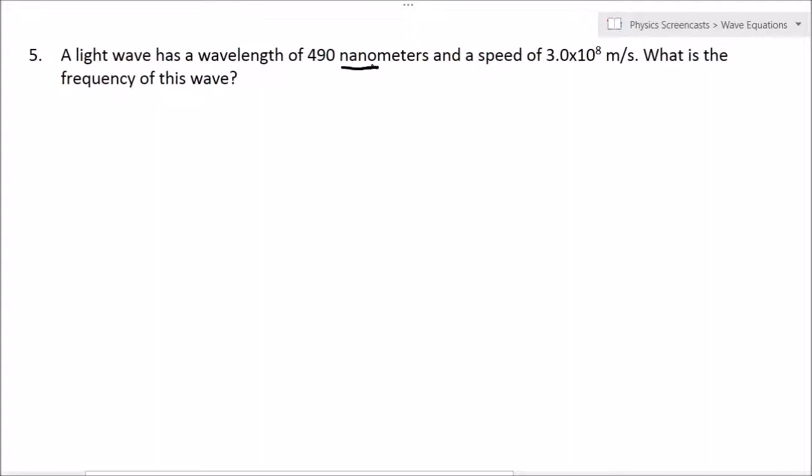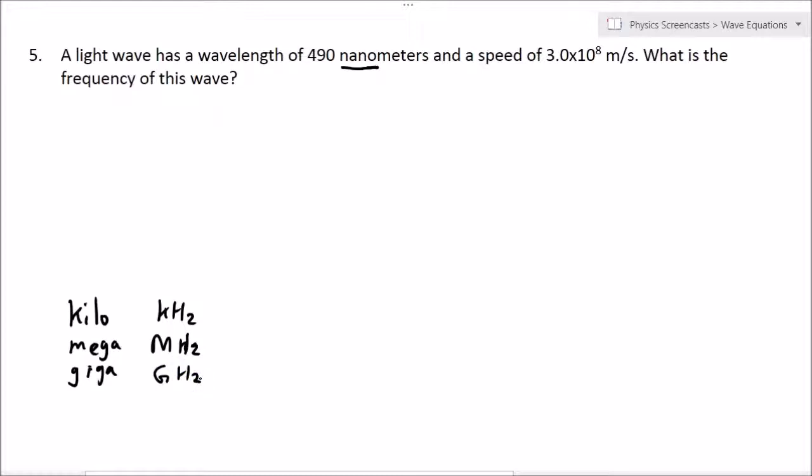Typically when we're talking frequency, you'll see words like kilo or mega or giga when we're talking about hertz. So we'll see kilohertz or megahertz or gigahertz or anything else like that.